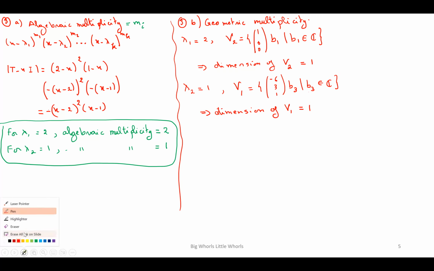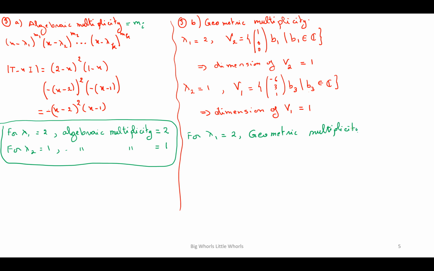So let me give the summary here. For lambda 1 equals 2, the geometric multiplicity equals 1. And for lambda 2 equals 1, the geometric multiplicity equals also 1.